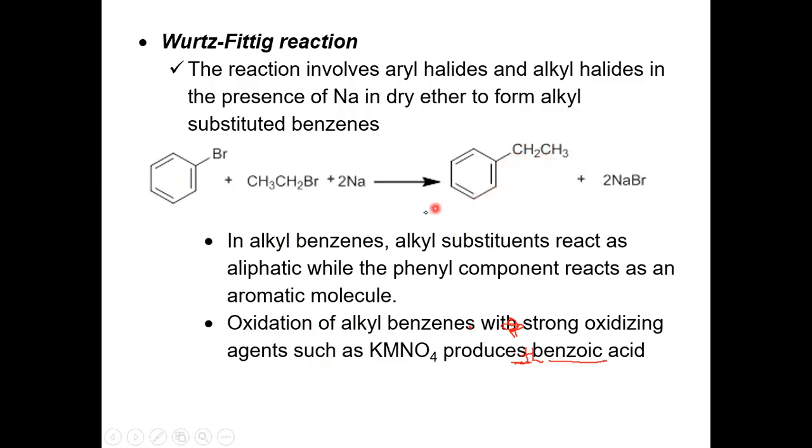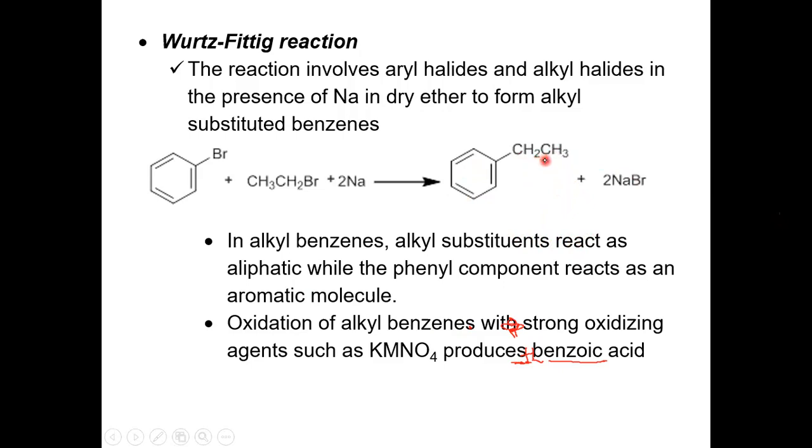To benzoic acid. So sometimes we can ask you to synthesize benzoic acid. What you have to do is put an alkyl group on the benzene ring. You can use Friedel-Crafts or any other method to put the alkyl group on the ring. After that, you can oxidize it irrespective of the length of the chain.